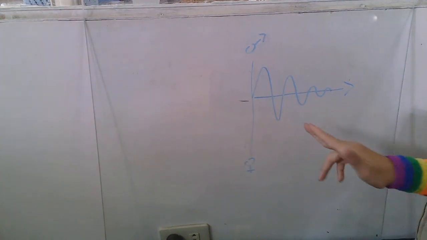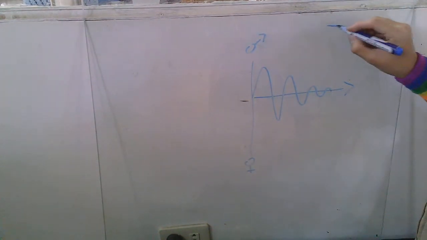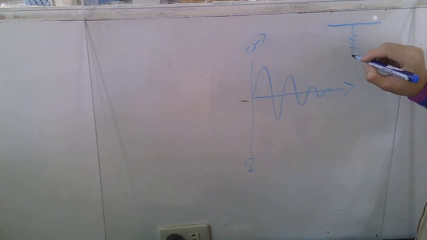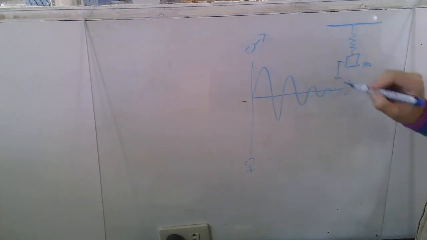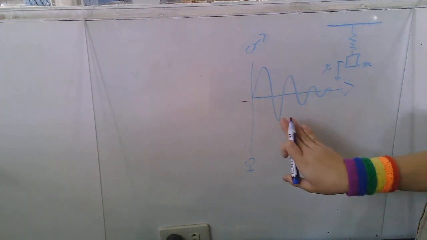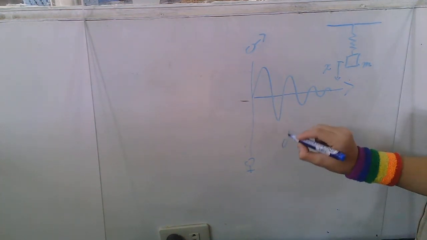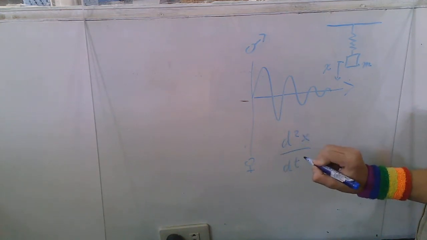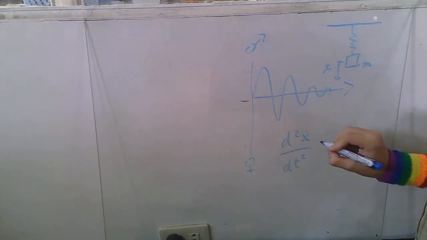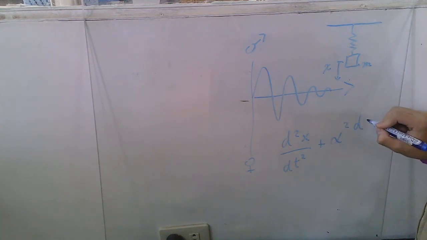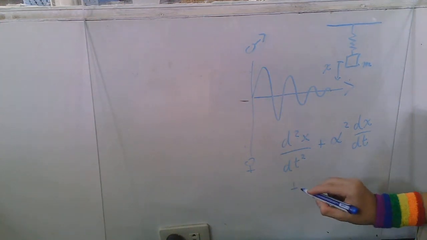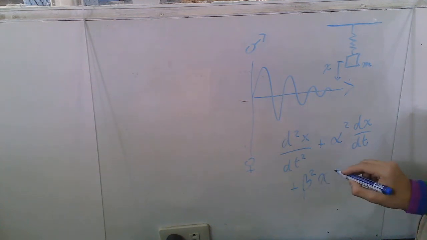What is the equation used to model this kind of behavior? This, and then we have a spring, and we have a unit of mass m, and we have a displacement that's described by x. You can liken this situation to this situation, and the equation for that is d squared x over dt squared plus alpha squared dx over dt plus beta squared x equals 0.